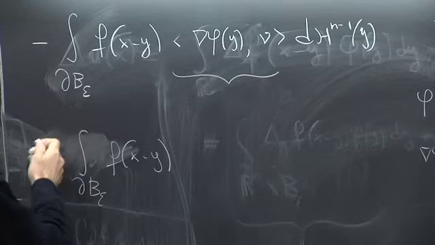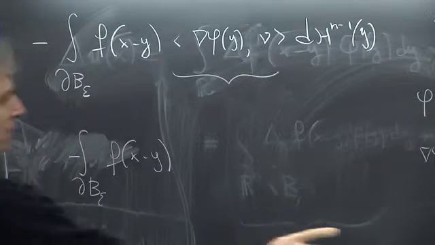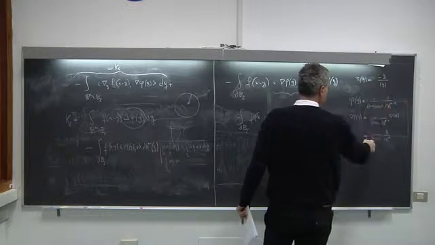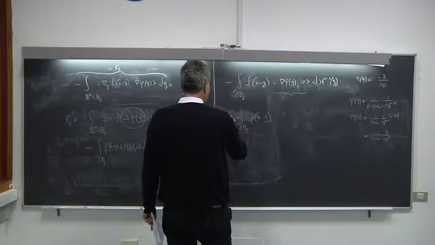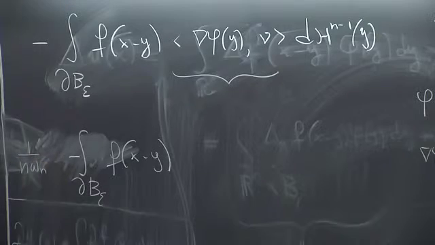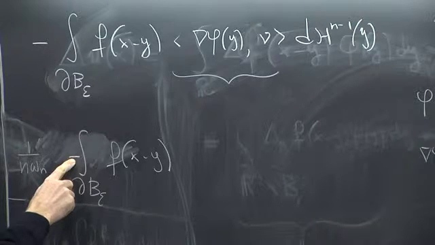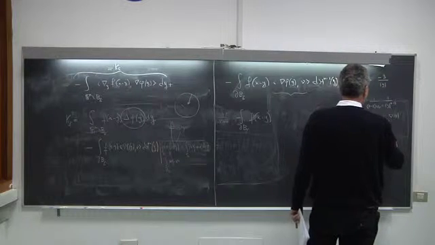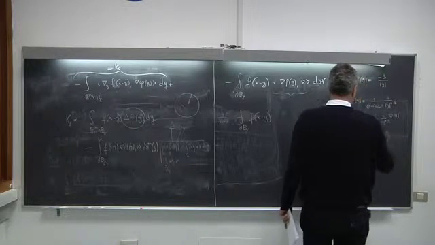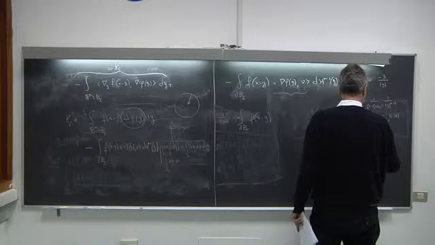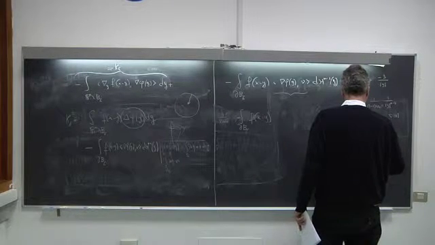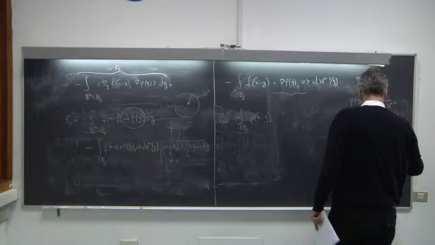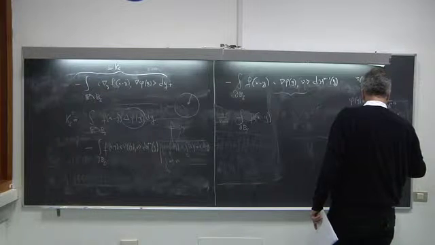Then I have the constant. So minus, there is a minus n omega n, and there is another minus here. Minus and minus is plus. So I have 1 over n omega n. Then there is also this minus, which I keep. Then I have the scalar product between this and this. So this is equal to y divided by |y| times y divided by |y| to the n. So this is equal to 1 over |y| to the n minus 1.